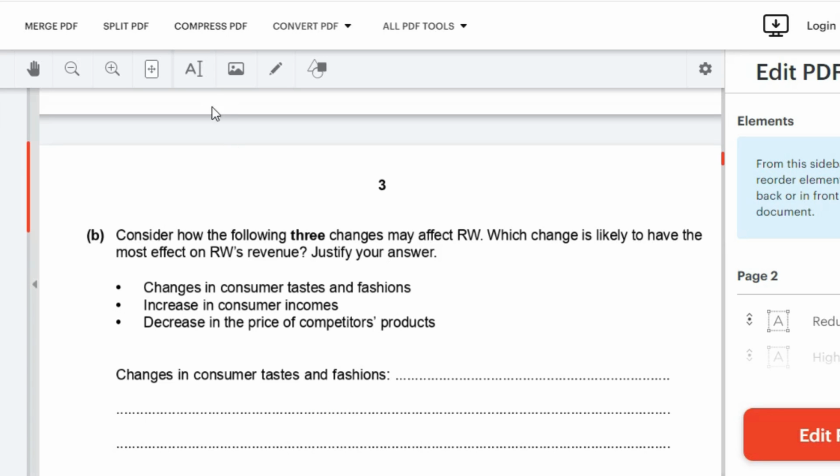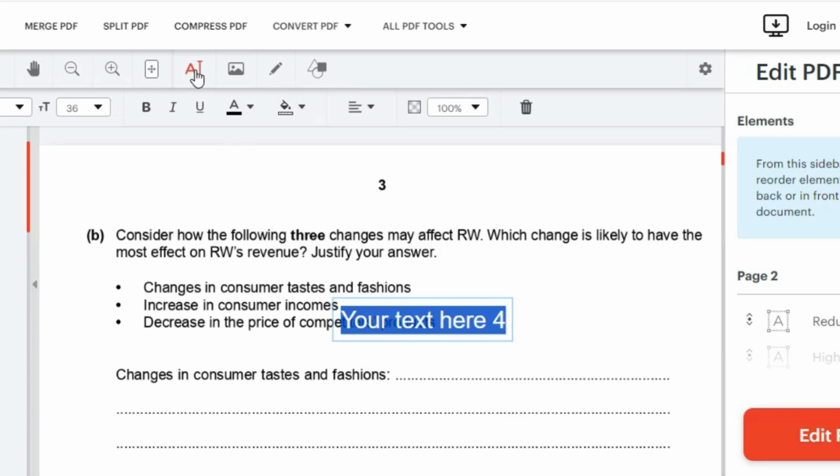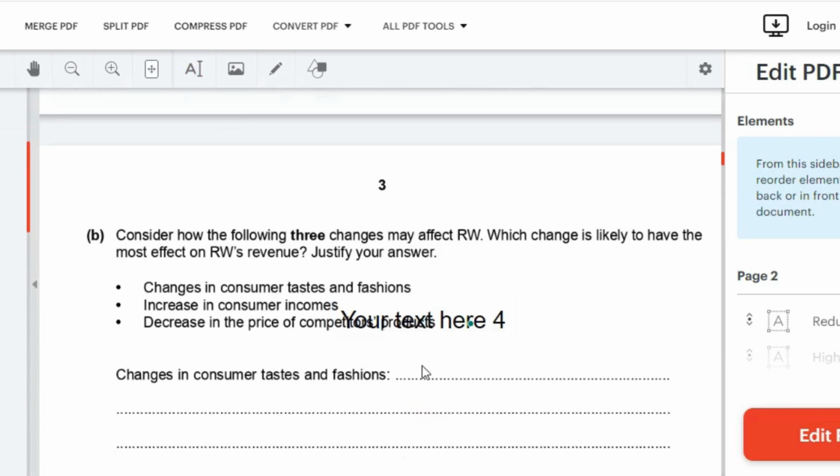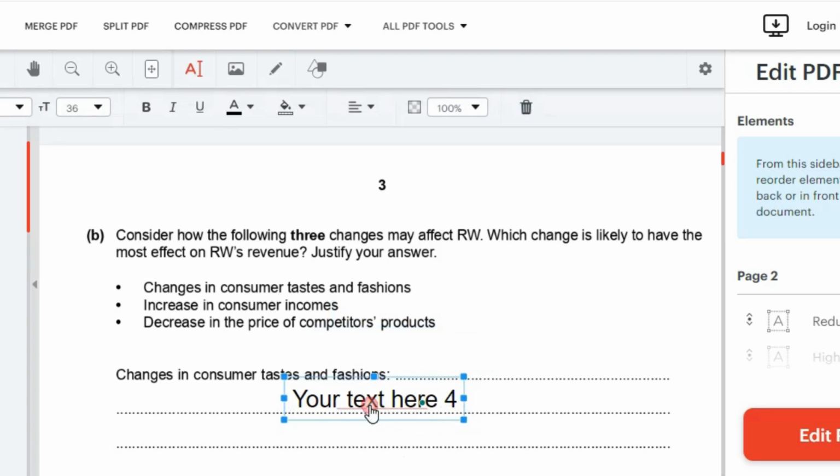Let me type this out for better explanation. Increase in demand for a product.